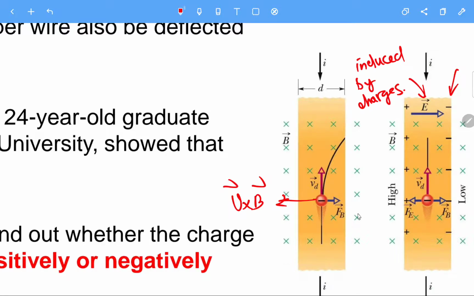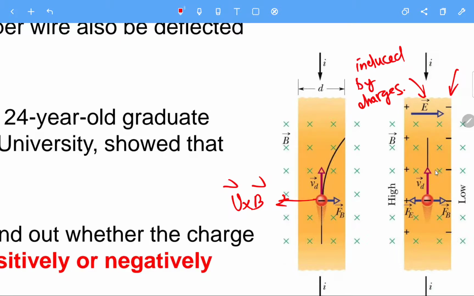So at the very beginning, there is no charge accumulated on the right side, so Fe is small, so more and more charge will go to the right side. In this case, the E field will become larger and larger, so this Fe will become larger and larger, so that at some point Fe and Fb will be the same in magnitude.